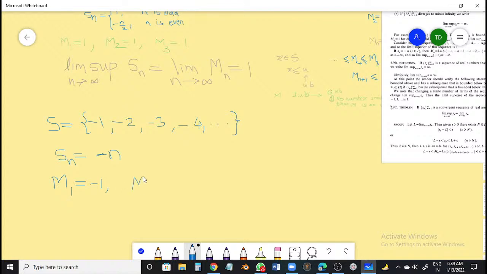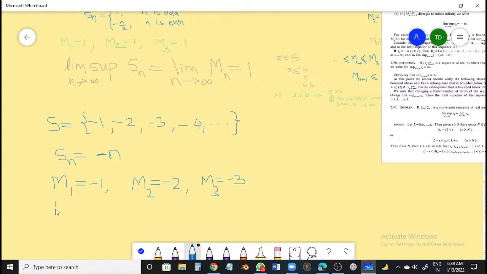If I go to m2, what is the supremum? Obviously minus 2. The supremum starting from the third term onwards is minus 3. So the terms sequentially come out as the supremums of the corresponding sets.